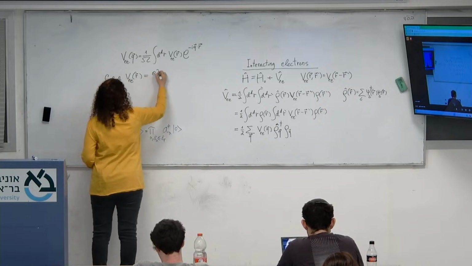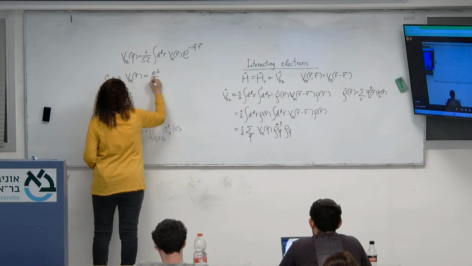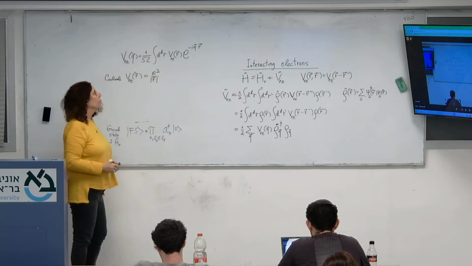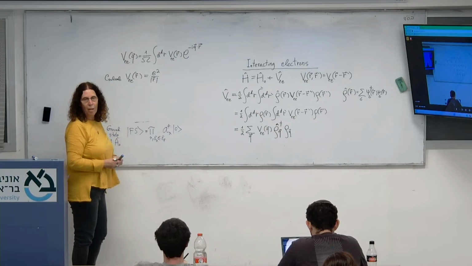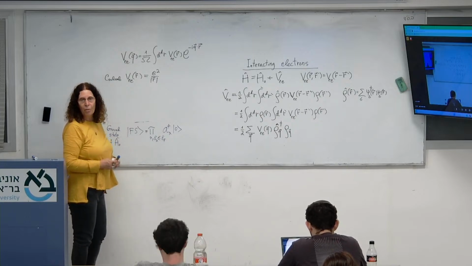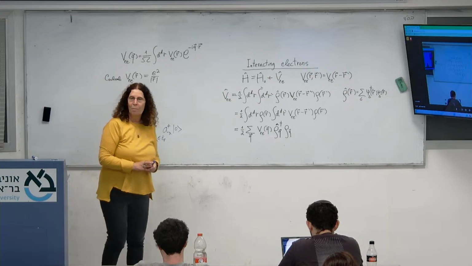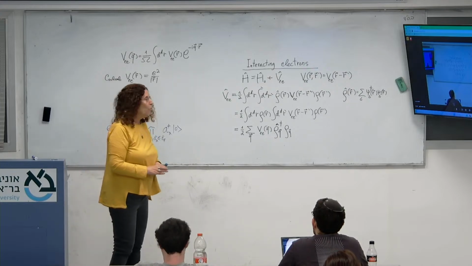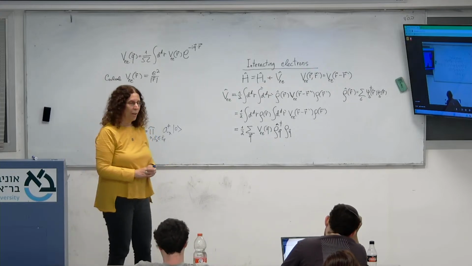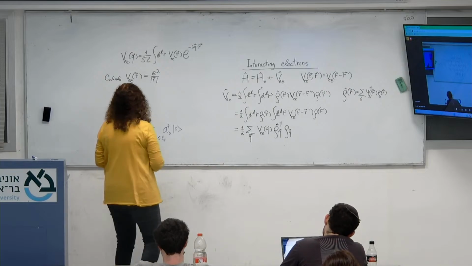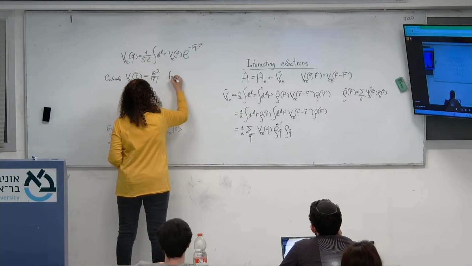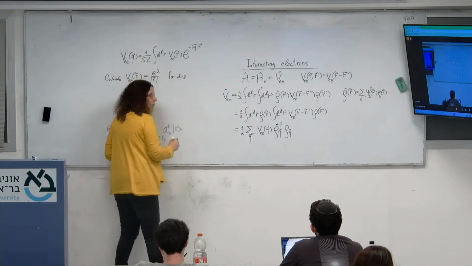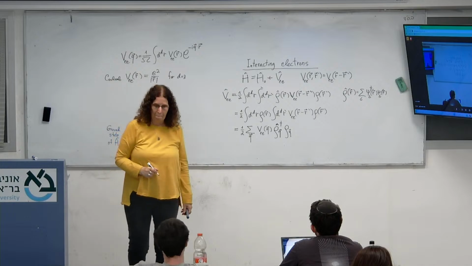So for example, for Coulomb interactions, this is e squared over R. By the way, what is the Fourier transform of this in 3 dimensions? Did you ever see it? What is the Fourier transform of e squared over R for d equals 3, because it depends on dimensionality.